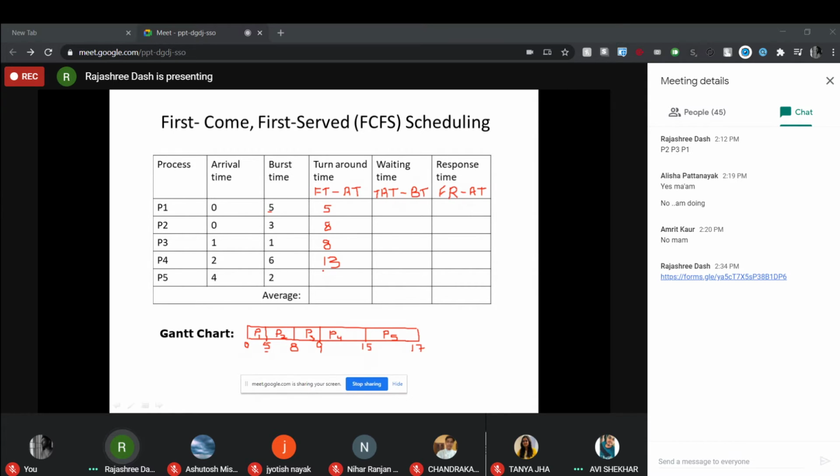For P5, 17 is the finish time, arrival time is 4, so 17 minus 4, that is also 13.